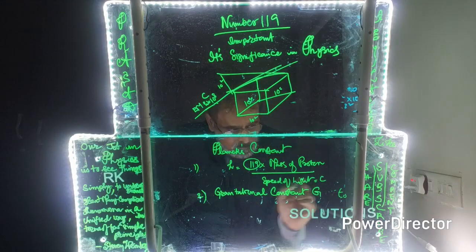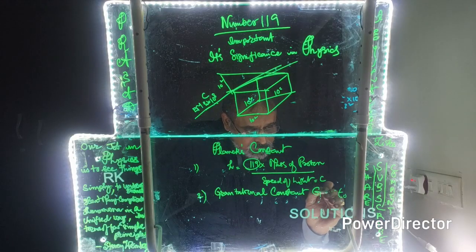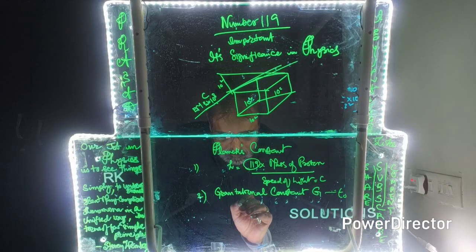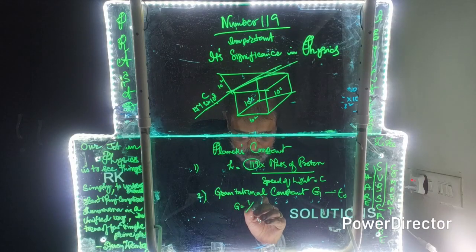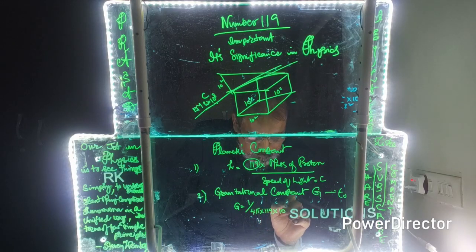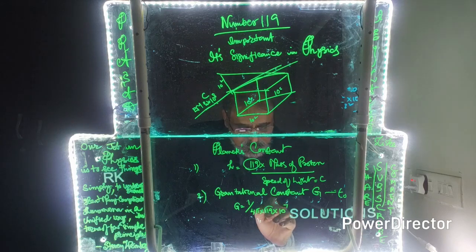I was comparing this with this, and I got G equal to 1 by 4 pi into 119 into 10 raised to 7. So this was the second time I got 119.